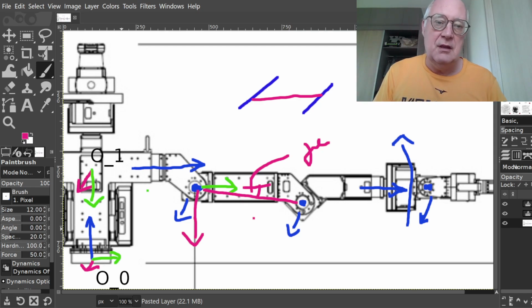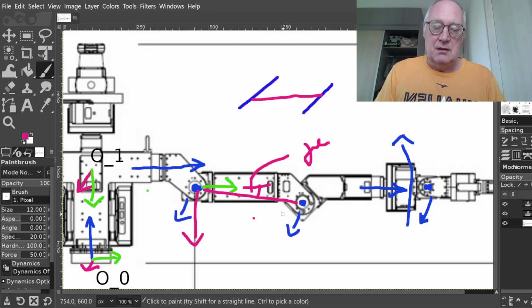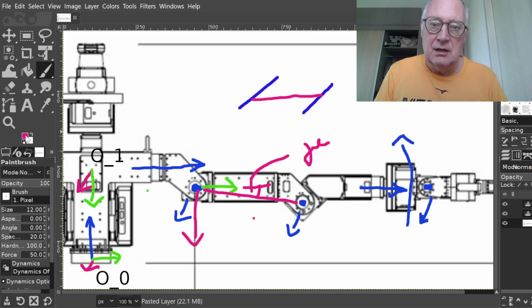Because of course the origin of this coordinate system is the point where x3 intersects with z3. So maybe I should draw those in a different color of red or different color altogether.